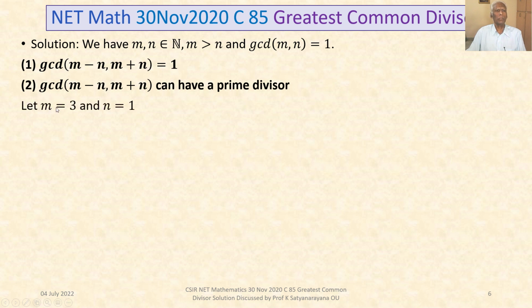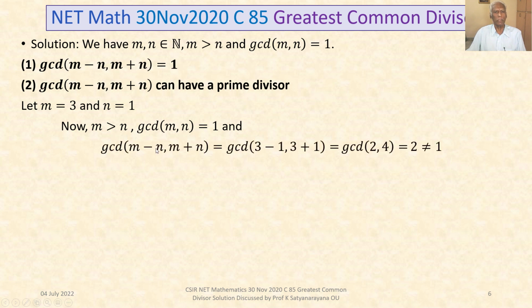Let m is equal to 3 and n is equal to 1. Now m greater than n, obviously, the GCD of m, n, that is the GCD of 3, 1, is 1, and the GCD of m minus n, m plus n is the GCD of 3 minus 1, 3 plus 1, and that is the GCD of 2, 4, and the GCD of 2, 4 is 2, which is not equal to 1.